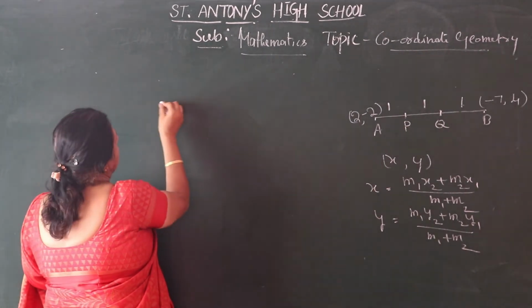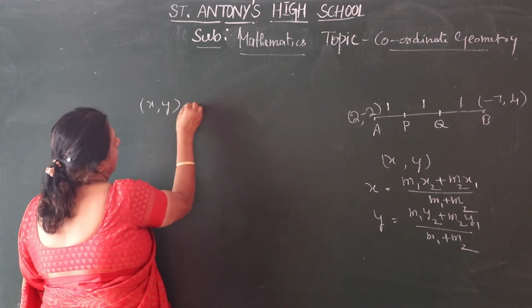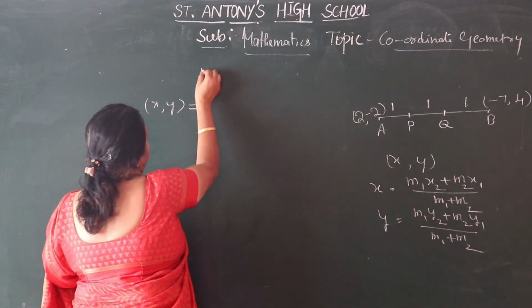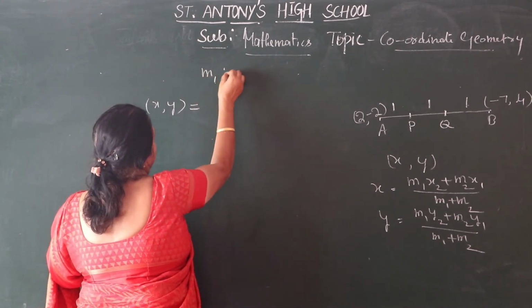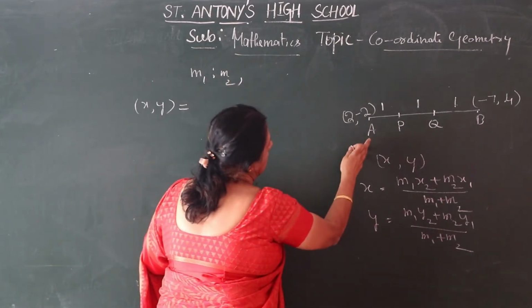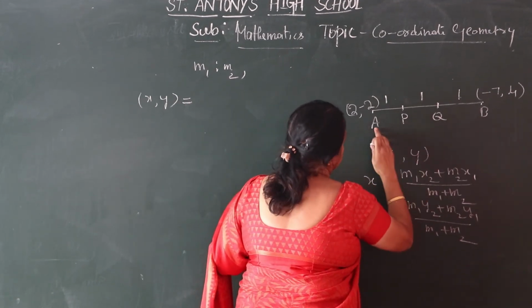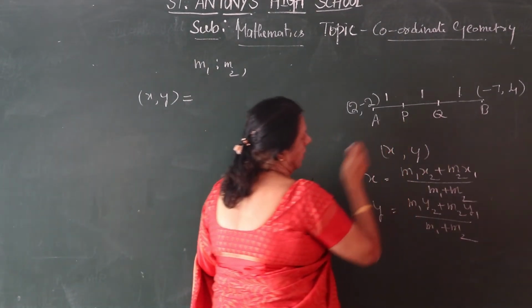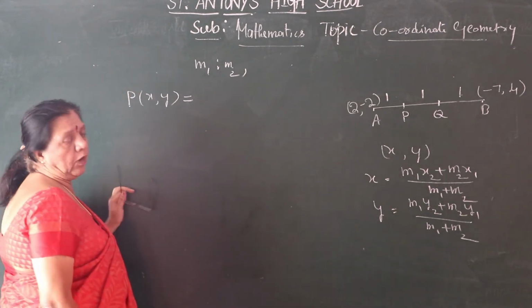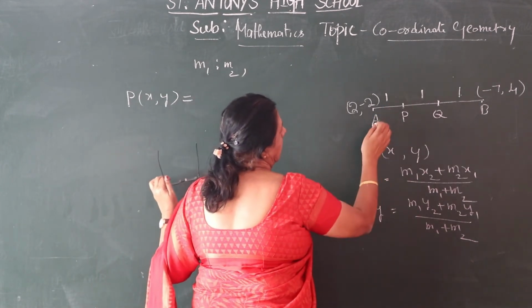AB is divided at P, so we have to find the P coordinates.